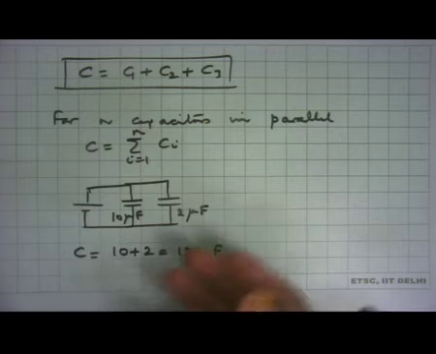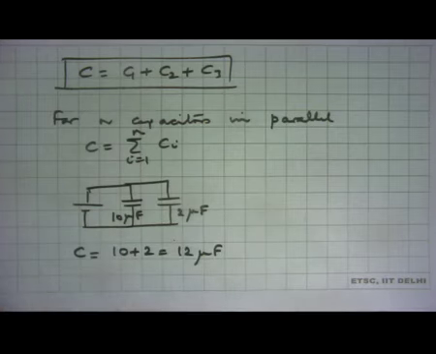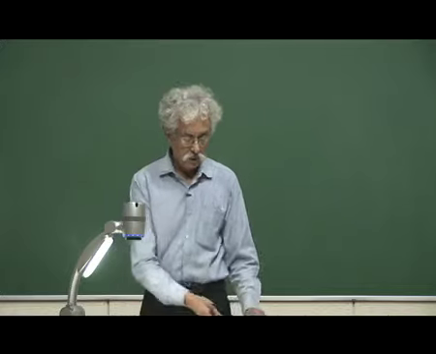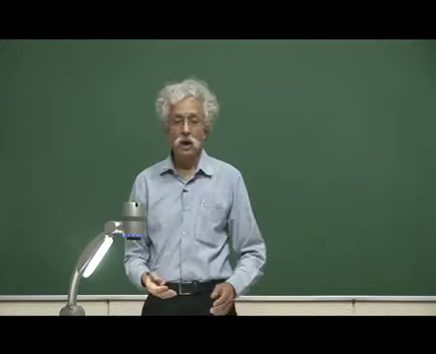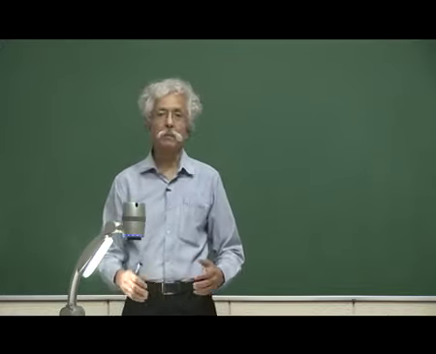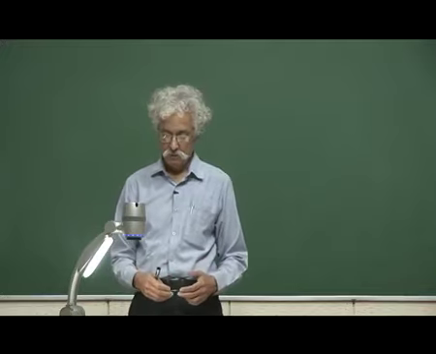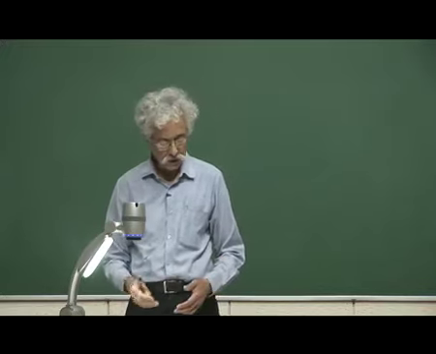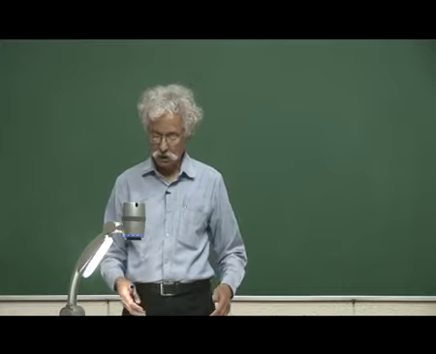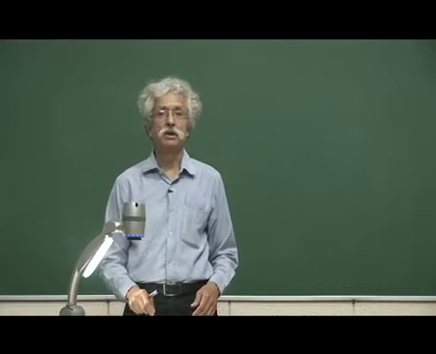So, by these configurations you can actually achieve capacitances which you want in a circuit by putting capacitances which you have in parallel or in series, and you can have multiple combinations to achieve capacitances that you desire.